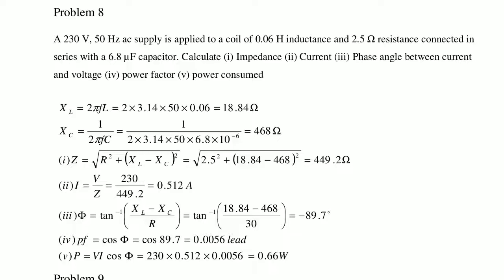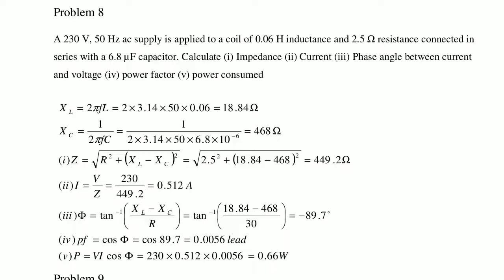so now see here, 230 volts means the RMS value. 230 volts is the RMS voltage, not the maximum value, not the peak value, not the average value. Now a 50 hertz AC supply is applied to a coil. Coil means inductance.